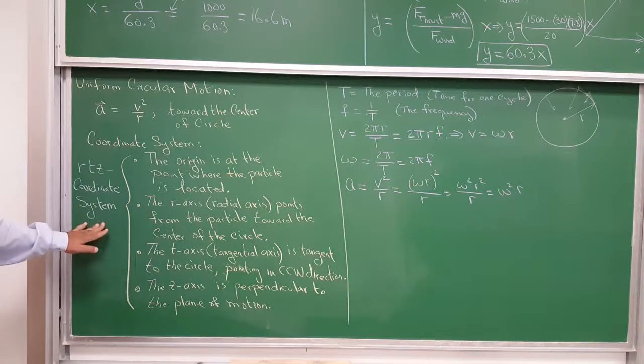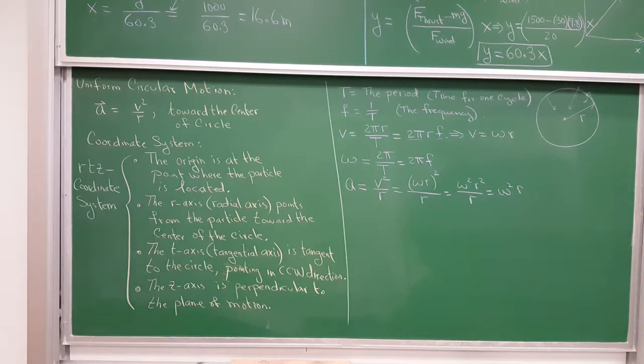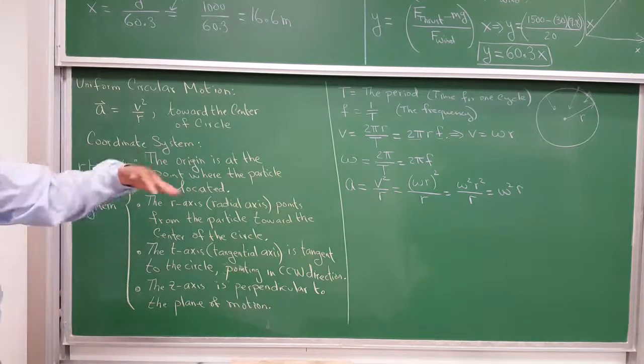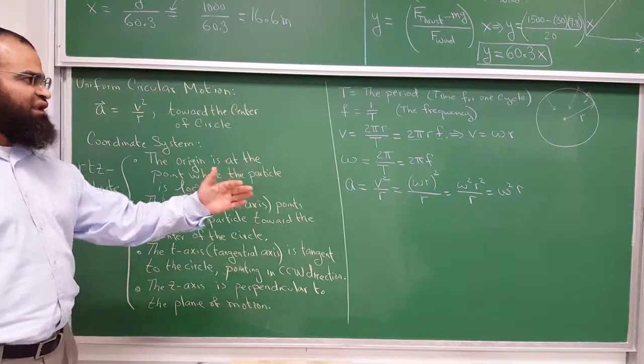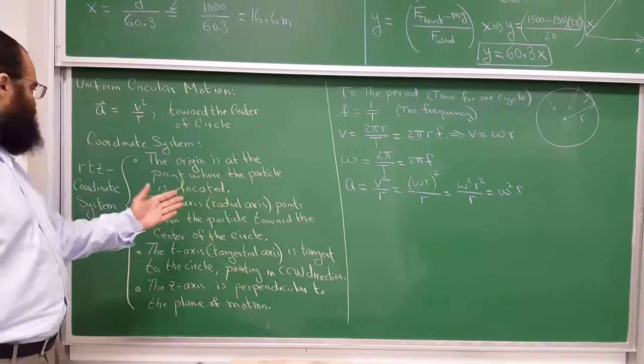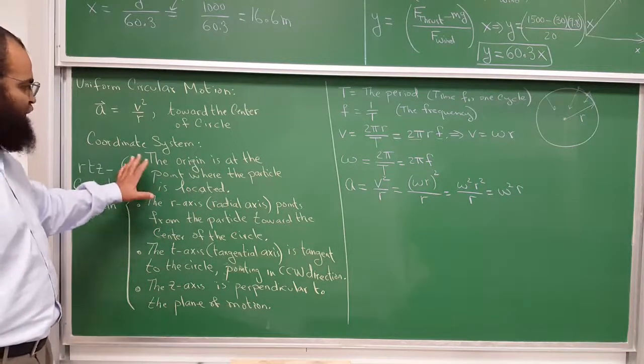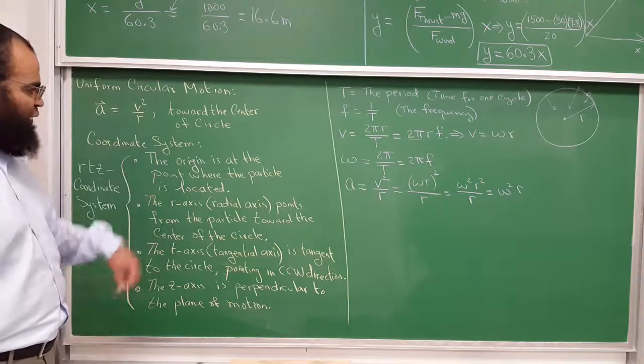And then we create this coordinate system that our book has. That coordinate system has, instead of x, y axes, the r axis. First of all, they choose the origin to be where the object is located.